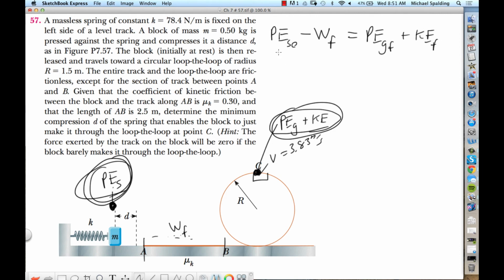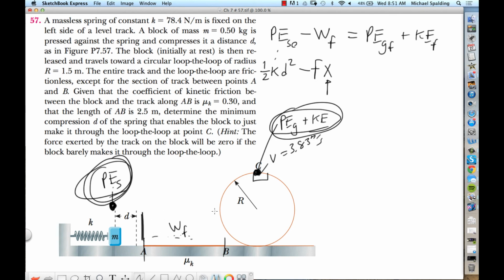All right, so then you plug in your equations. So potential of spring, 1/2 k d squared, d is what they're calling it. Okay, what's work of friction? What's the equation for work? Force times distance. So what's this x going to be? That x is 2.5. They give that to us.